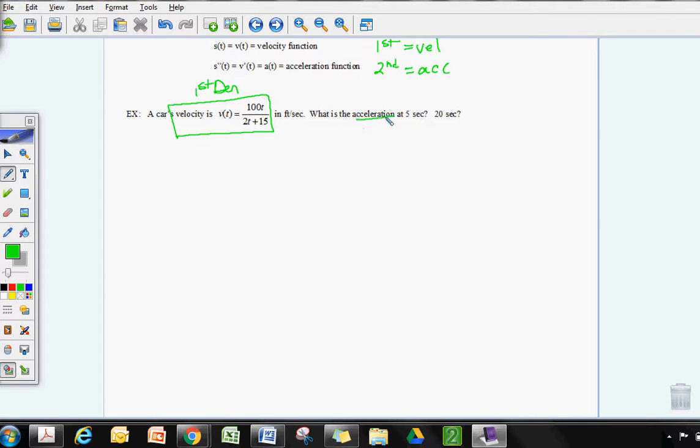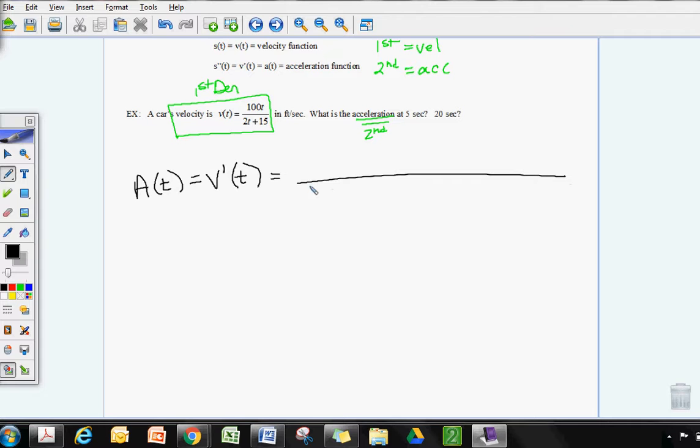It's asking for second derivative. So we've got to do what it says. Oh, look, it's a fraction. Guess what? My acceleration, which sometimes they write a of t, or if you want to write the first derivative of v of t, is a fraction.